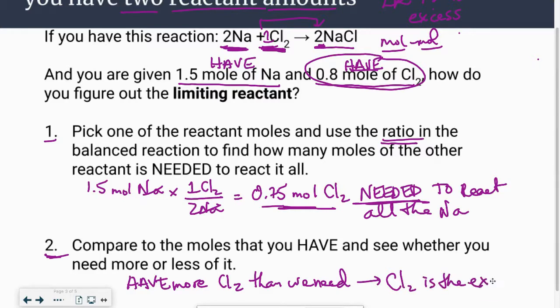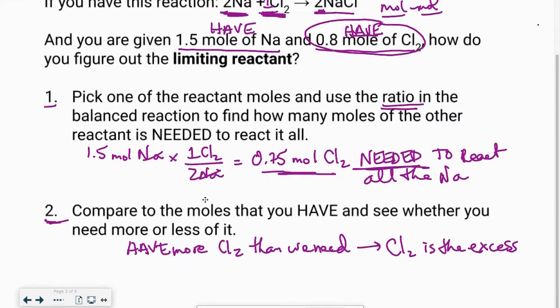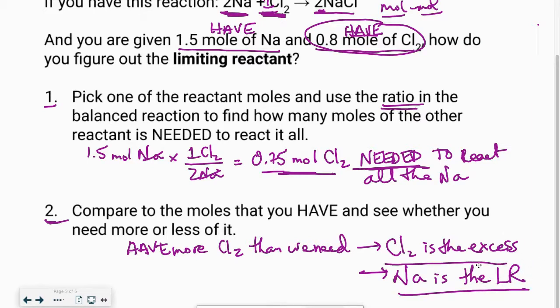We have plenty of Cl2 to react all of this Na away. So the Na will get used up first, and that means the Cl2 is the excess and the Na is the limiting reactant.